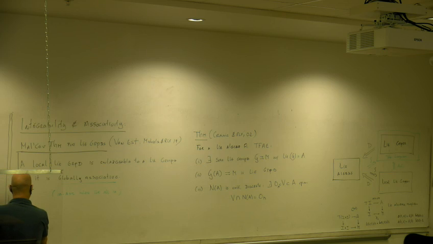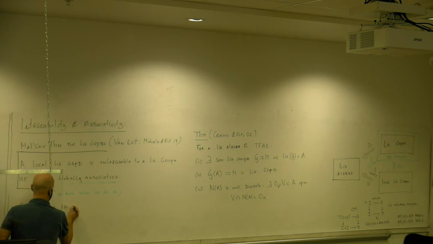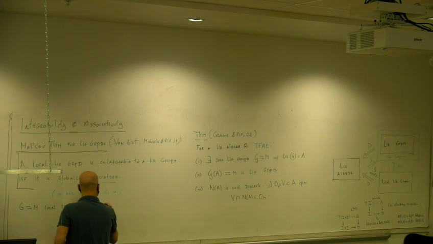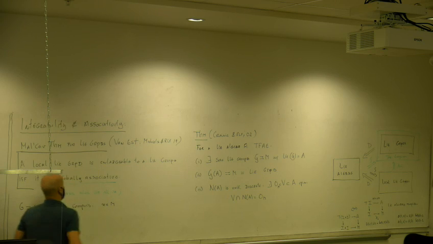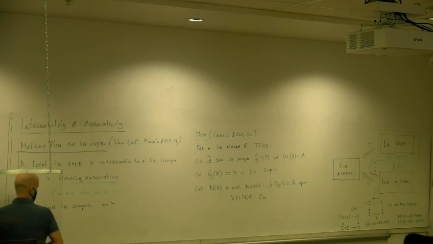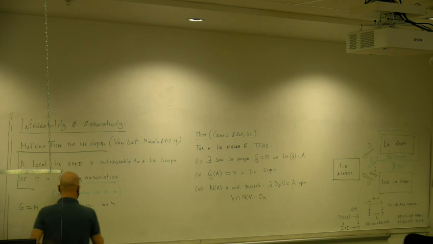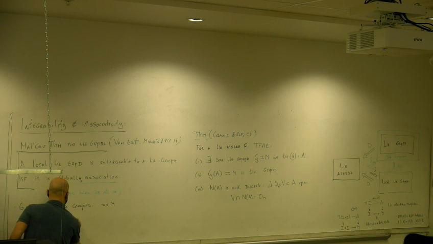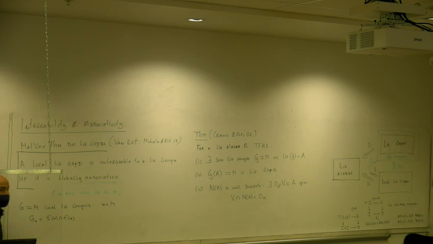So let me say how you're going to do that. Suppose I have a local Lie groupoid. Let's fix a point x in M. And then I have Gx, the arrows that start and end at x. Because this is a local Lie groupoid, this is not a group, but it's a local Lie group.